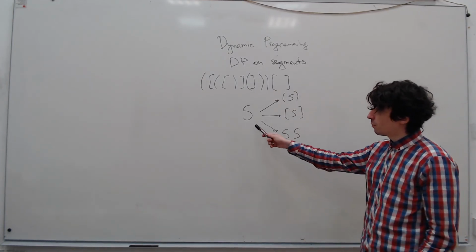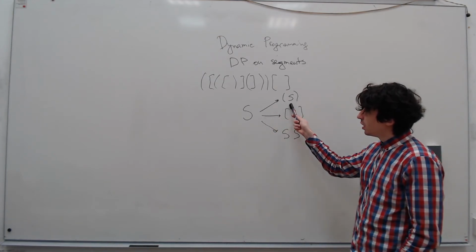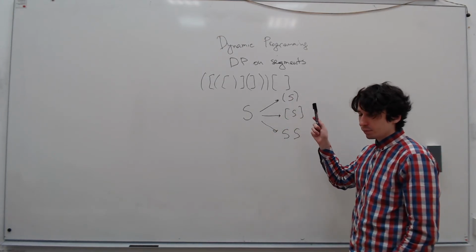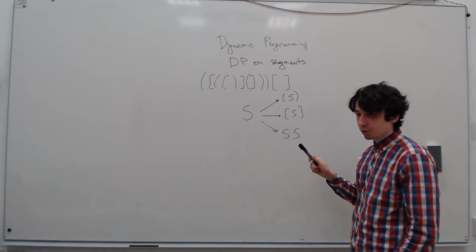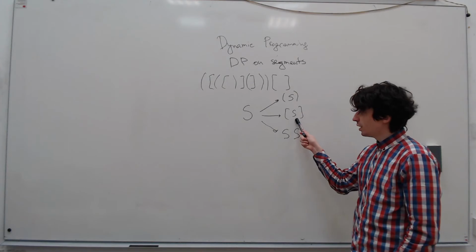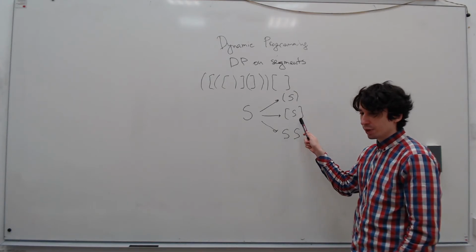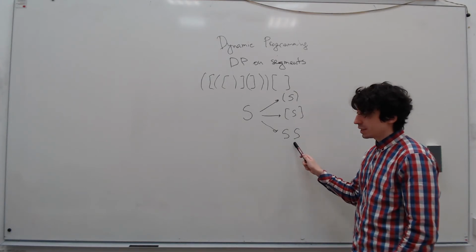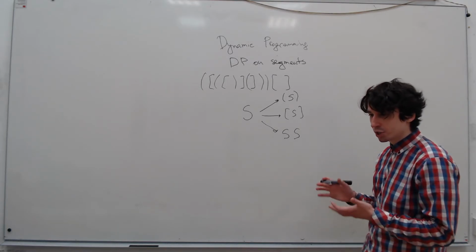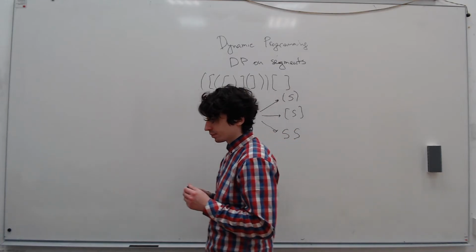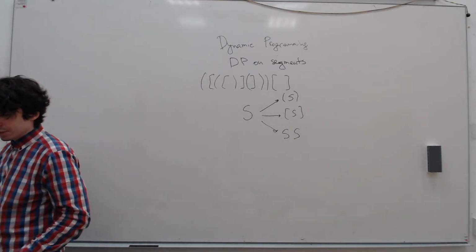So the correct bracket sequence is either a correct sequence with two round brackets around it, or a correct sequence with the other two brackets, or this is the join, the concatenation, of two smaller correct bracket sequences.